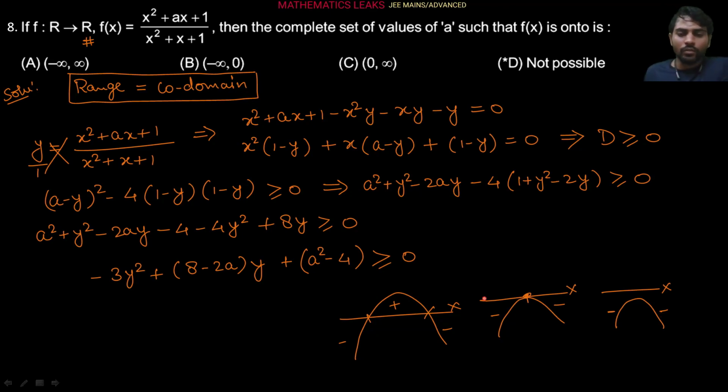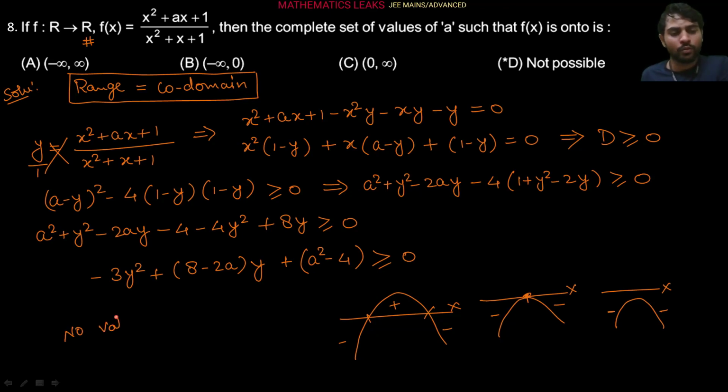There is no possibility that this expression will always be greater than or equal to 0, correct? It will come out less than or equal to 0, or less than 0. So there are no such values of a for which this expression can always be greater than or equal to 0. So not possible.